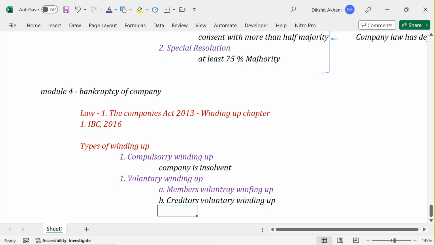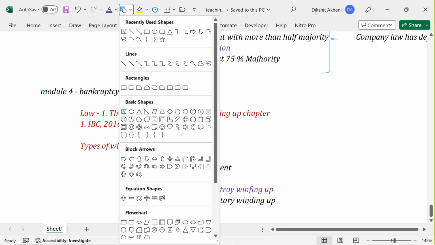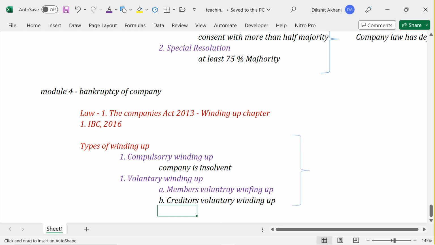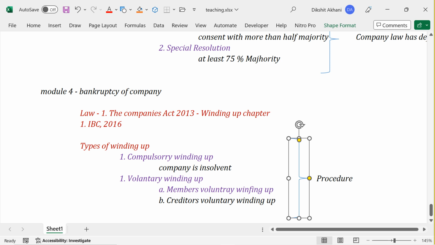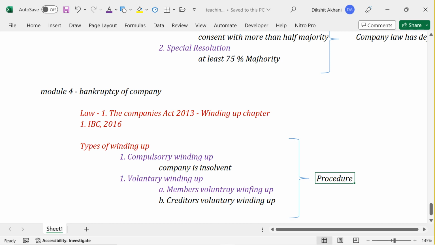Okay, now in your exam, what is the important question? For both, you have to remember the procedure, the material I have shared, or you can go to Google, find some vlogs, to learn the procedure for the winding up or getting declared as insolvent by the company.